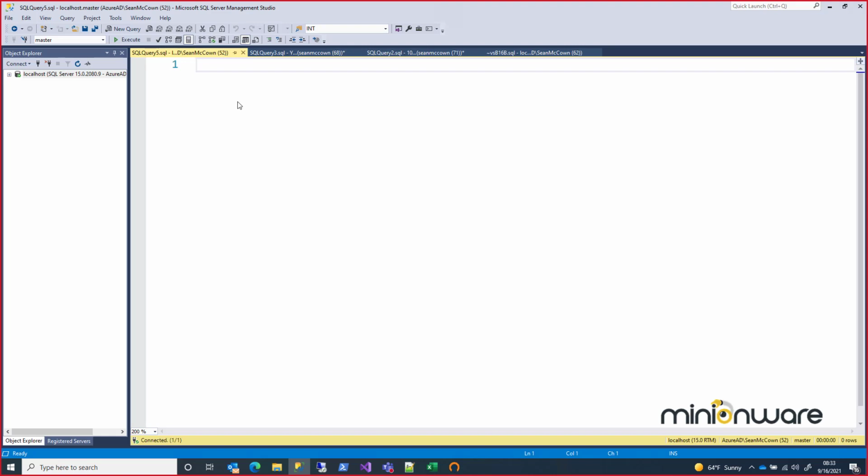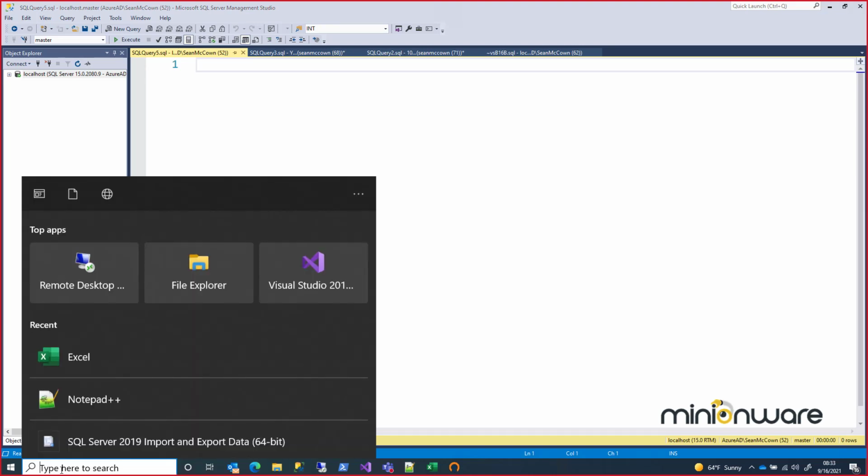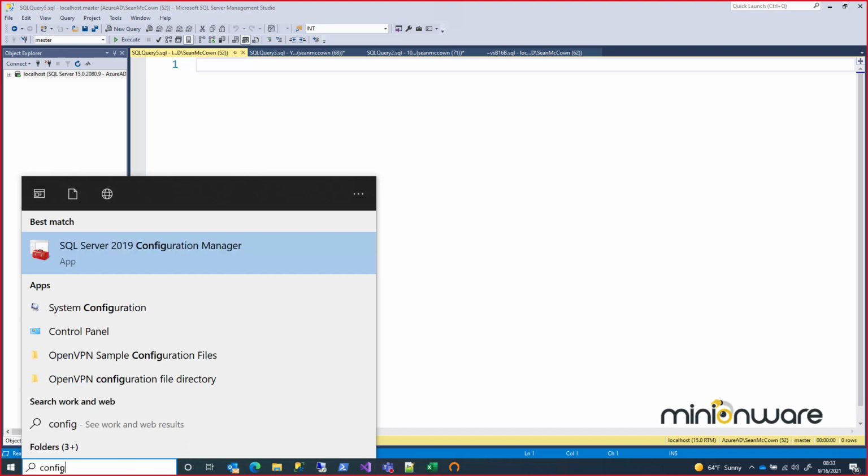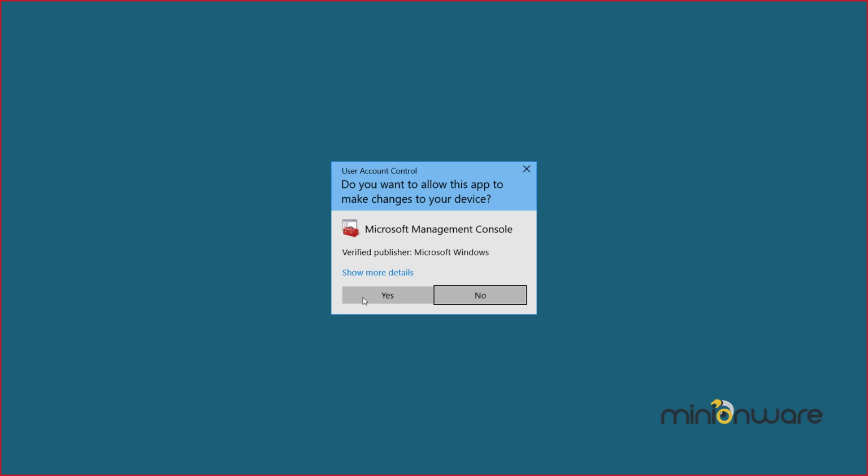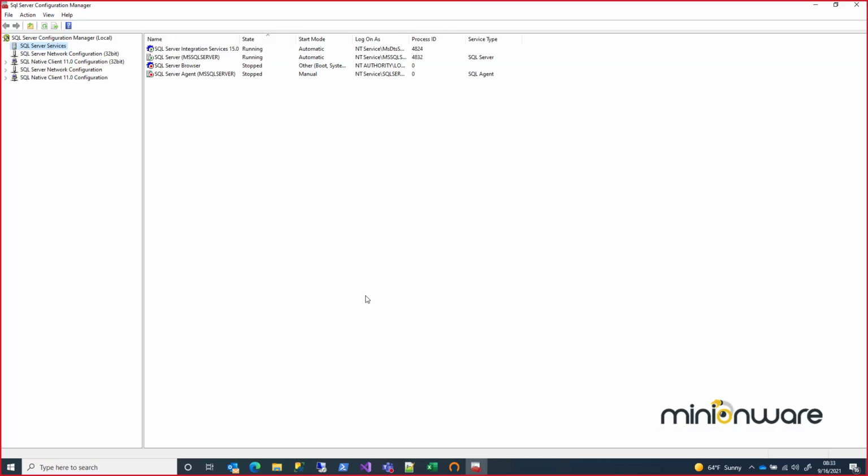And the service account is merely a proxy. People get away from that fact, right? So I'm going to bring up config manager here so we can see what account the service is running under.